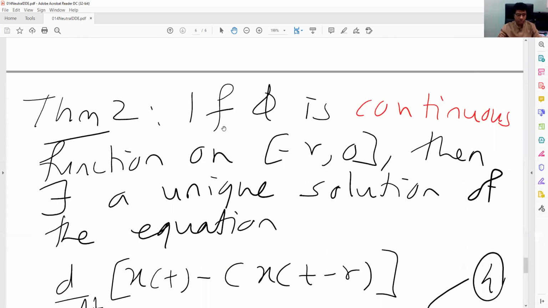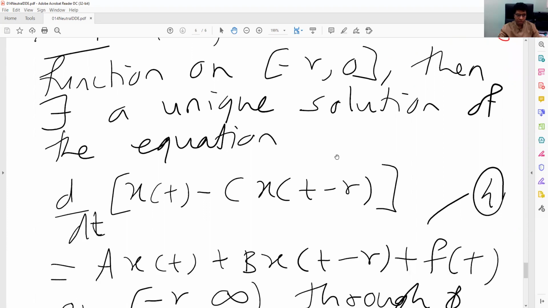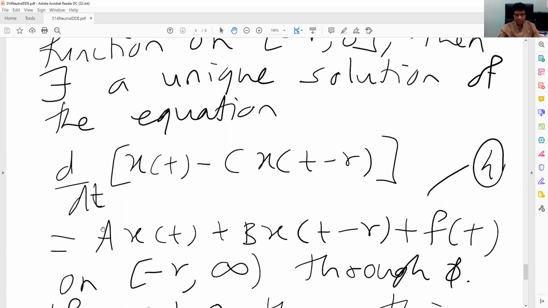If phi is a continuous function on the closed interval minus r to 0, then there exists a unique solution of the equation d by dt of x of t minus c x of t minus r equal to a x of t plus b x of t minus r plus f of t.